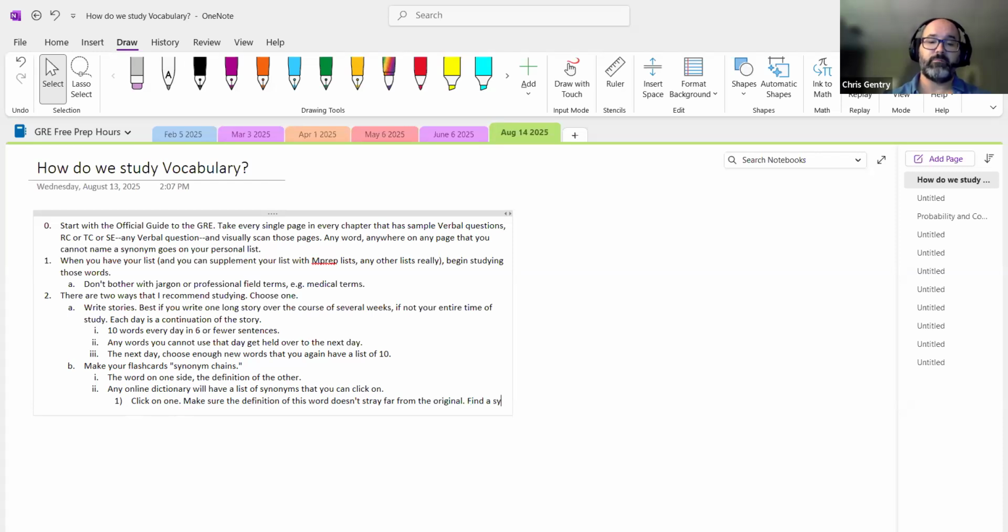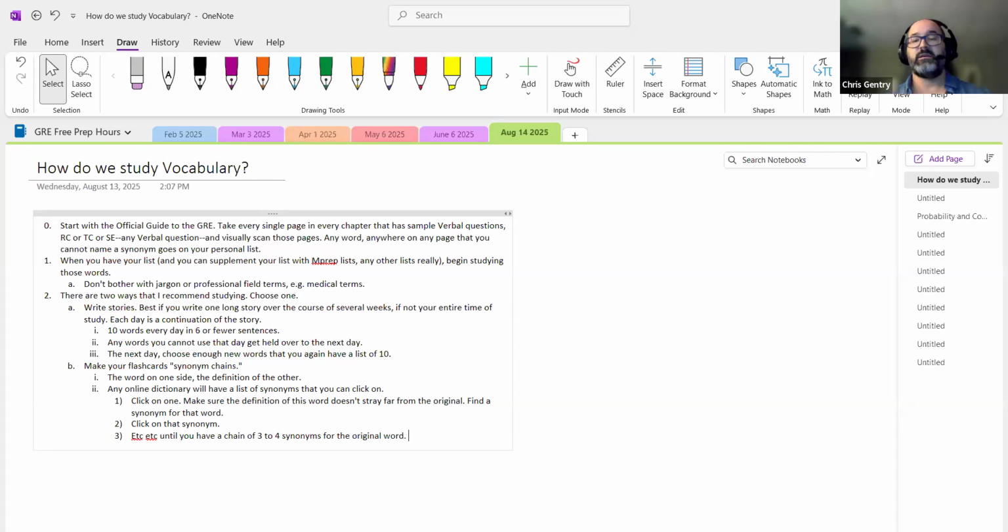Find a synonym for that word. Click on that synonym, etc., etc., until you have a chain of 3 to 4 synonyms for the original word.